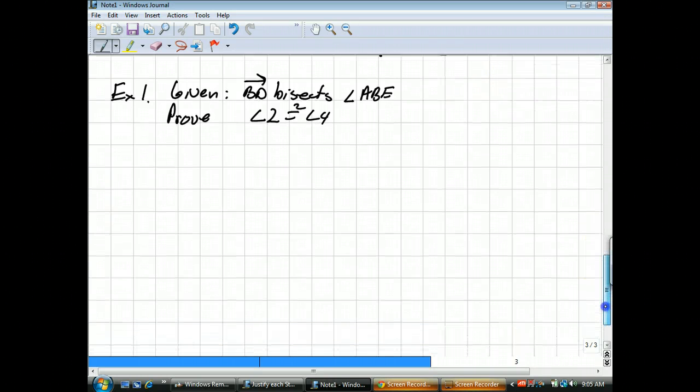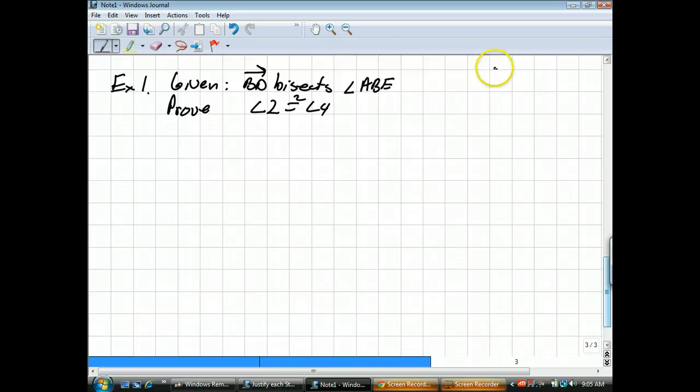Let me move this up a little bit. Okay, so my picture looks like this. This is point A, this is point C, this is point B, and then I have line BD, and I have line BE, and I have angle 1, 2, 3, and 4.